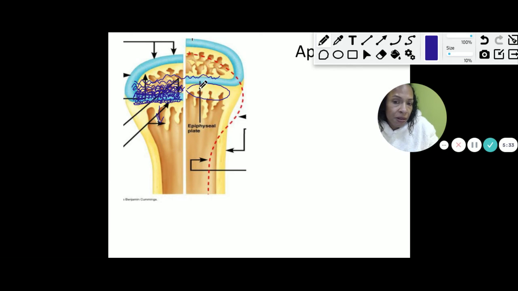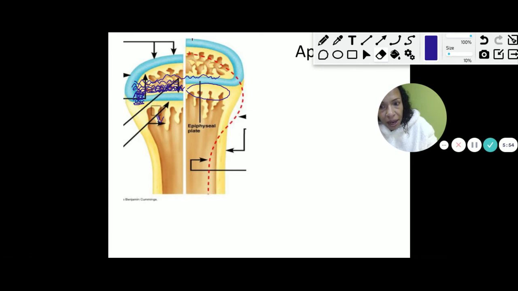But notice that the other difference between our before and our after is that I drew solid bone in this area, just like in my original drawing. And so I need to carve some of this out. And so my osteoclasts are going to come around, and they're going to carve away some of this bone towards the inside where the medullary cavity would be.